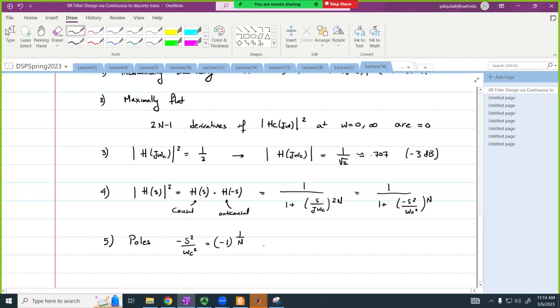Now we can write this as e to the j(2k+1)π divided by n, where k is equal to 0, 1, all the way to n minus 1.